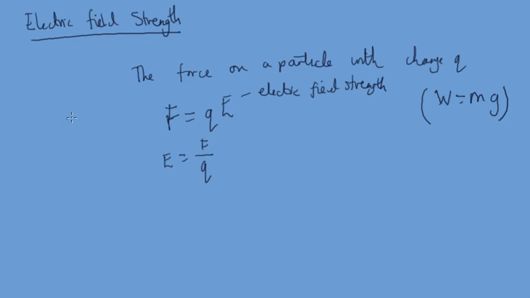Now, we were just talking about Coulomb's Law, where the force is equal to this constant K Q1 Q2 over R squared. If we use this equation here and substitute in for F, then QE equals K Q1 Q2 over R squared.